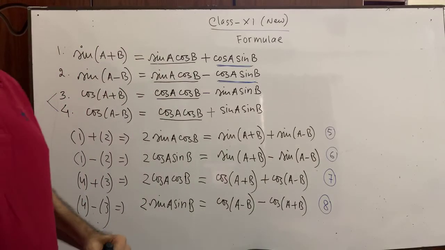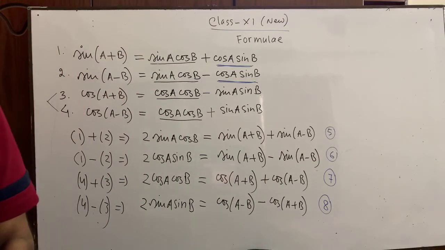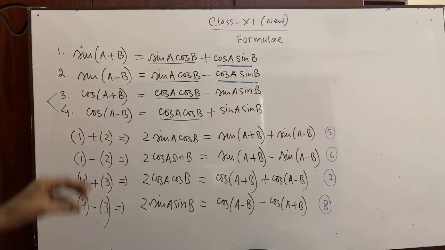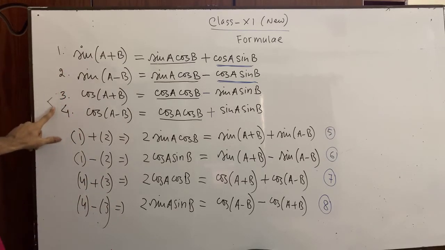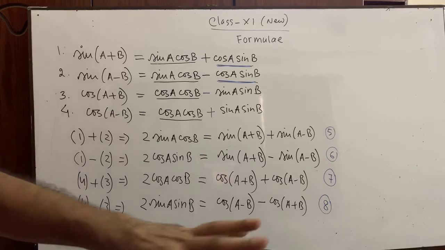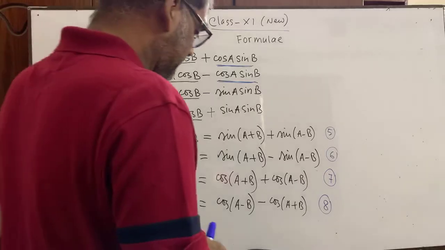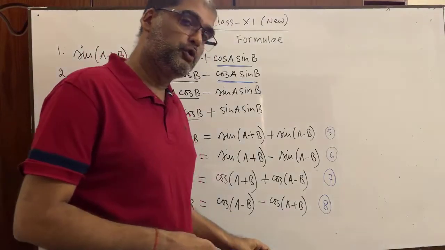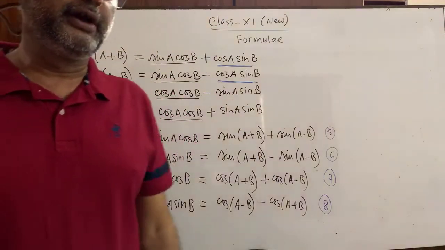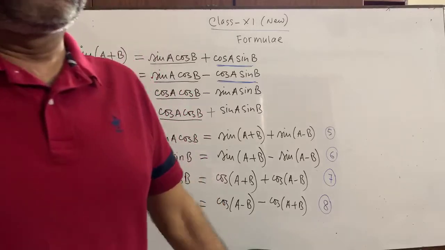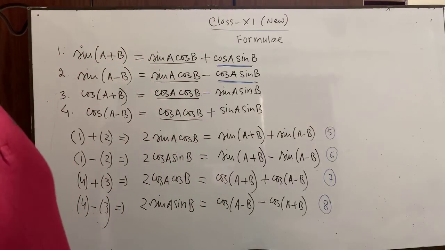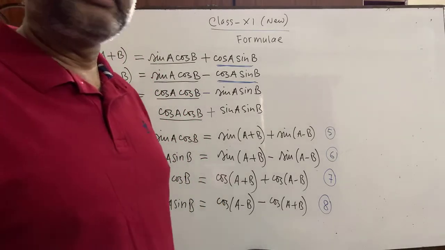So you have found another 4 formulas from these 4 initial formulas. All these formulas are very, very important to know. Without formulas, it is impossible for any student to do any math from trigonometry. And if you don't know trigonometry, you will fail to do any math of calculus.